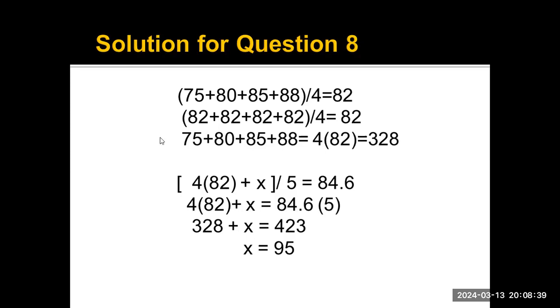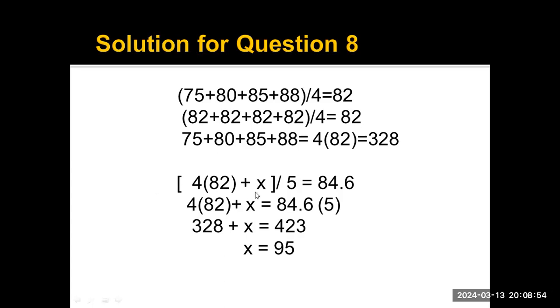In this equation, we multiply both sides by 5 so that what will be left on the left hand side is 4 times 82 plus x, and on the right hand side is 84.6 times 5.